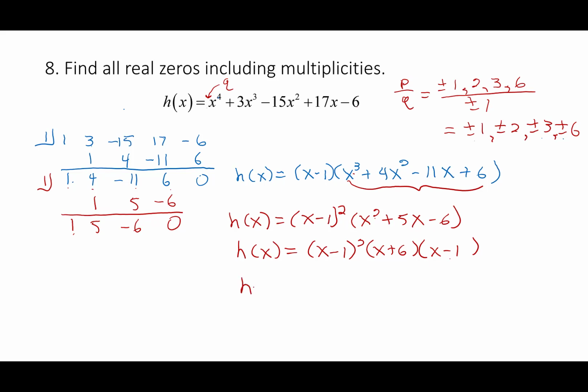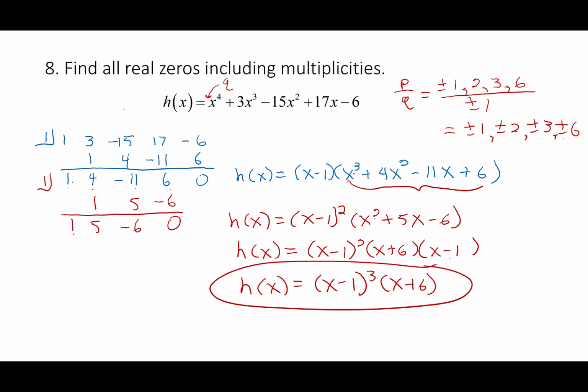To write this h of x in totally factored form, I would probably write it as h of x equals x minus 1 cubed times x plus 6. Okay, so we have our factored version of h of x. From this, I can find the zeros and their multiplicities.